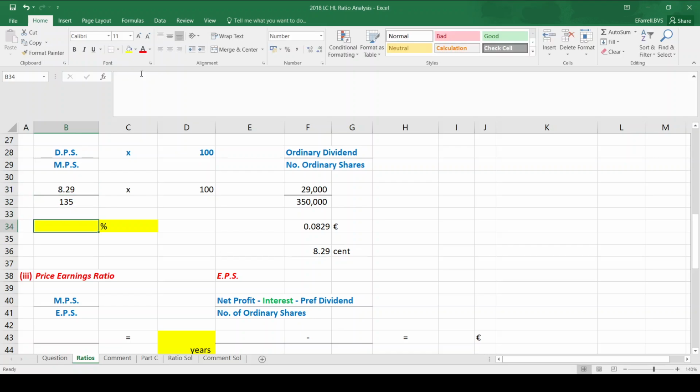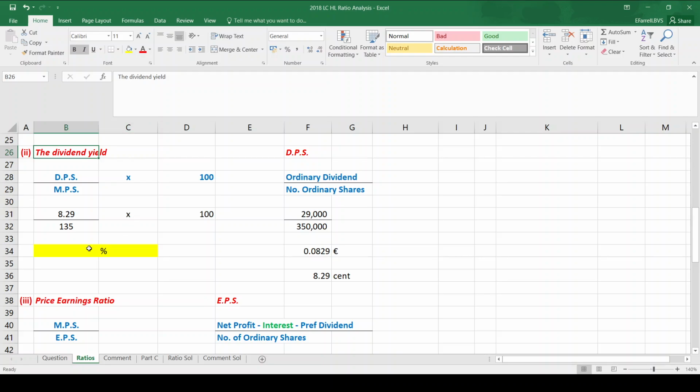So to work out my dividend yield, I'm just going to get my dividend per share, which is 8.29, divided by my market price per share, which is 135. And to get it as a percentage, I'm going to multiply it by 100. So that works out to be 6.14%. Now with all of these, you usually would round off to 2 decimal places.